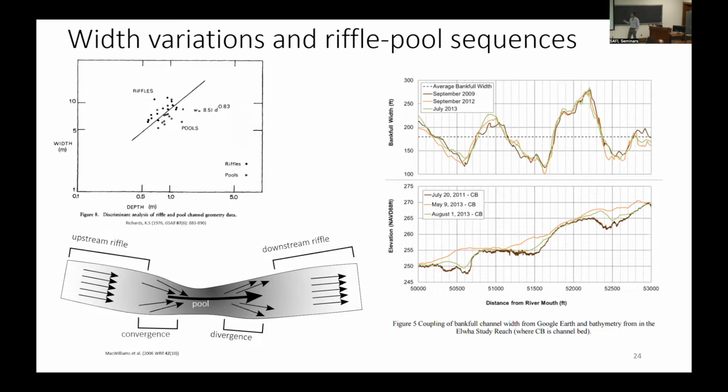There were downstream variations in the bankfull width that, prior to that sediment slug getting through, corresponded to narrow width areas having pools, wide areas having riffles, narrow width having pool, wide having riffle.